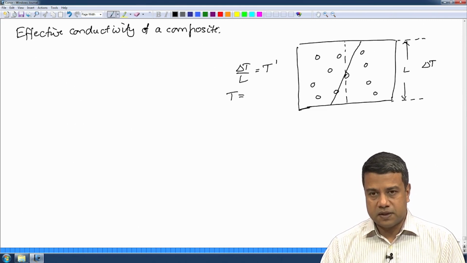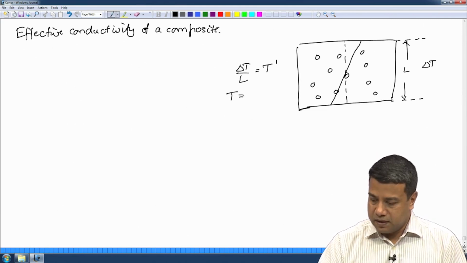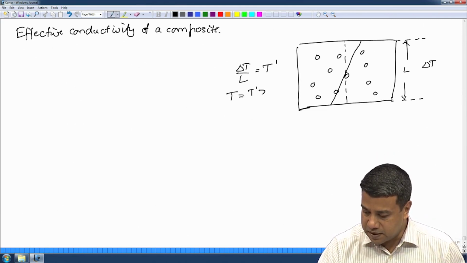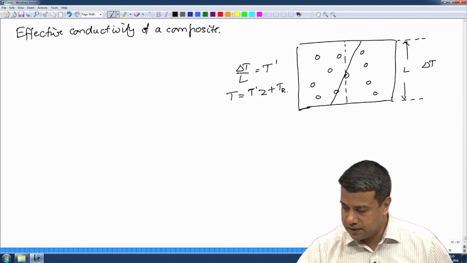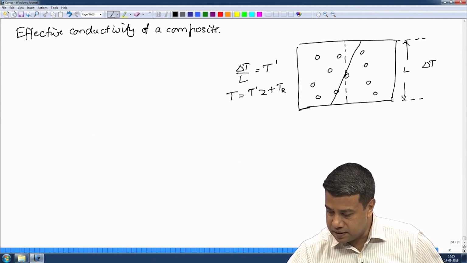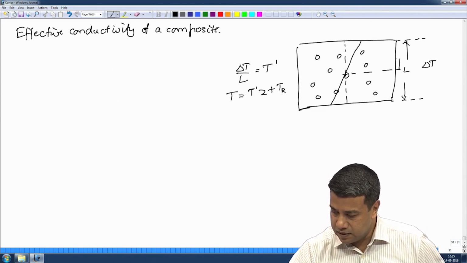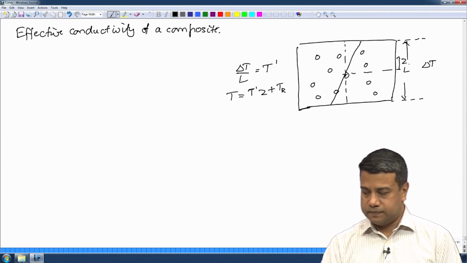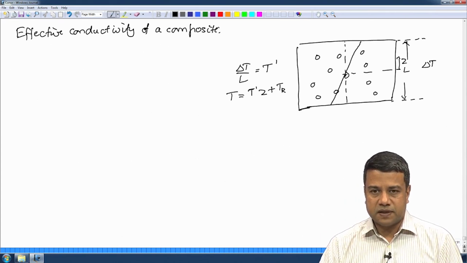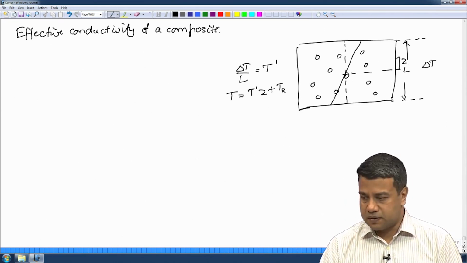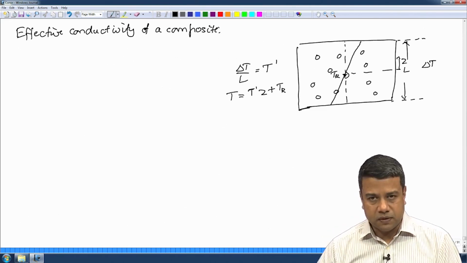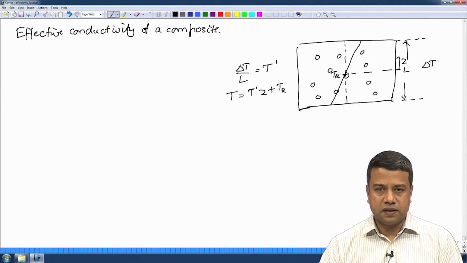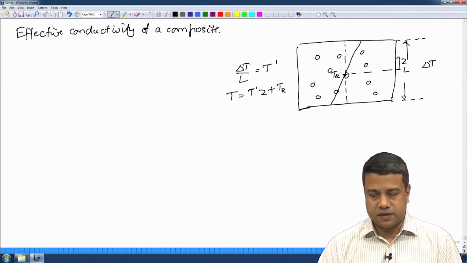The temperature would be given by T prime times Z plus some reference temperature, where Z is this coordinate. If I place my reference at the location where the temperature passes through 0, the absolute temperature at this point is T r, and about this point there would be a linear variation if the material were homogeneous.